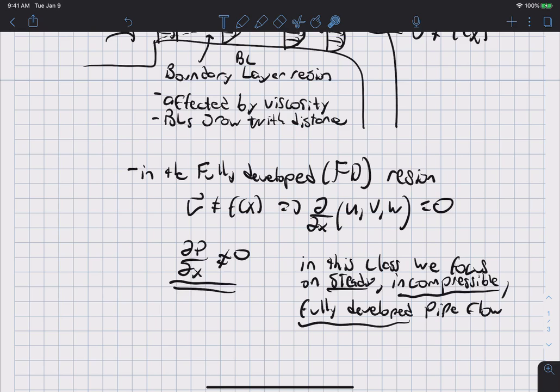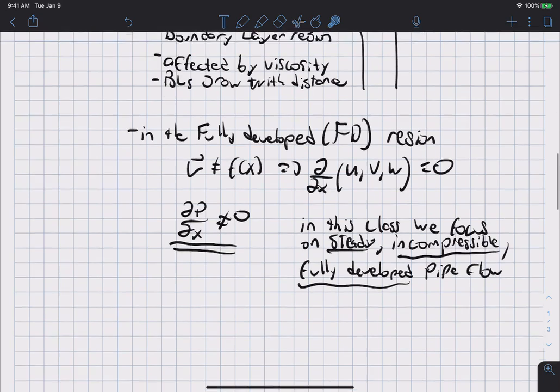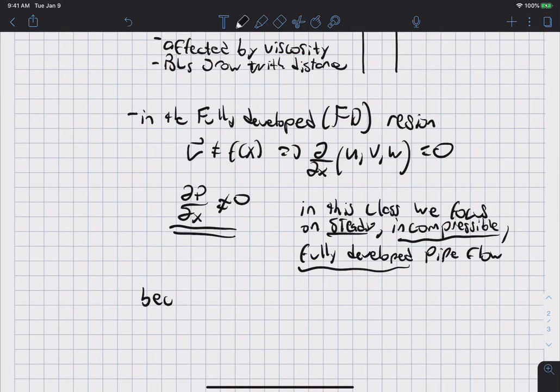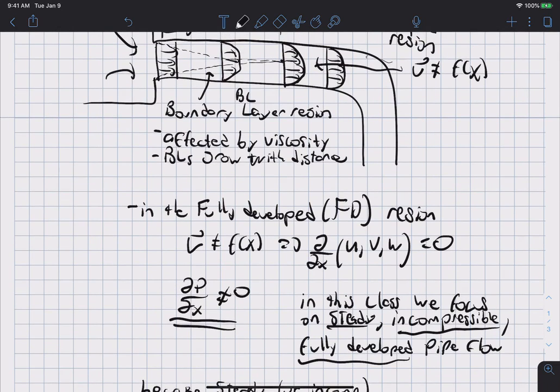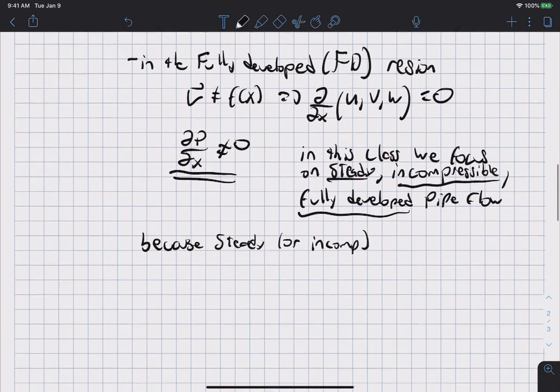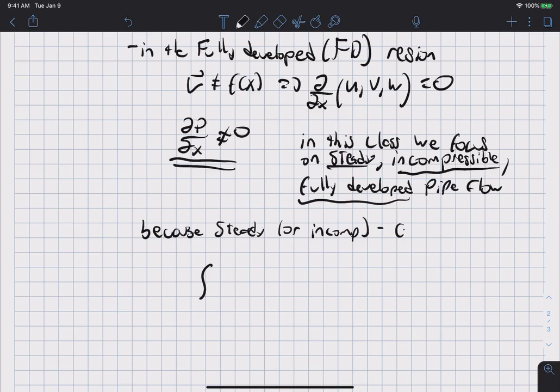Okay, and now because it's steady or incompressible, you can show that at any section of the pipe, I'm going to scroll up again, sorry about that, we could draw a control volume, say here and here, and we can show that conservation of mass basically states that the integral over any cross-sectional area along the pipe, v dot n hat dA, equals a constant.